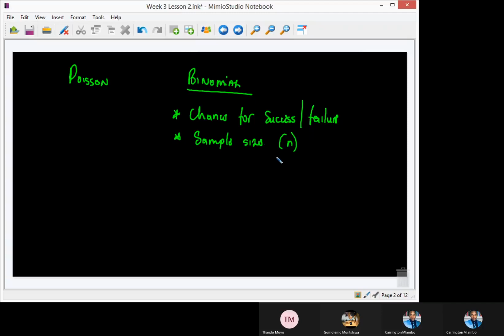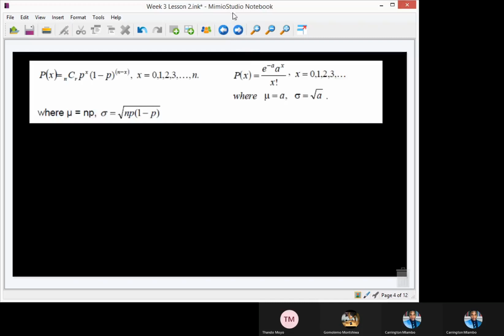There are n outcomes. Once you see this, and the chance for success or failure is given either as a percentage, fraction, or decimal, then you know that we are dealing with binomial.